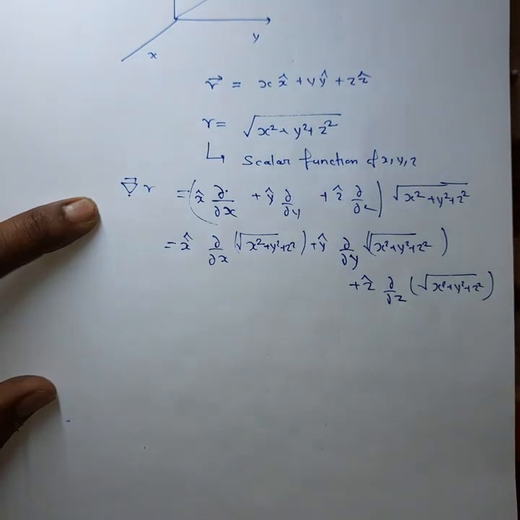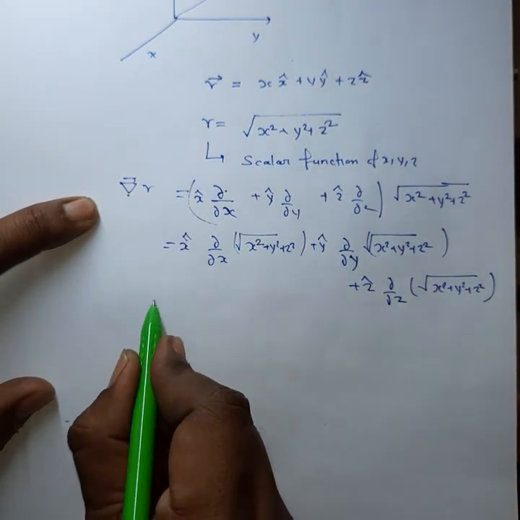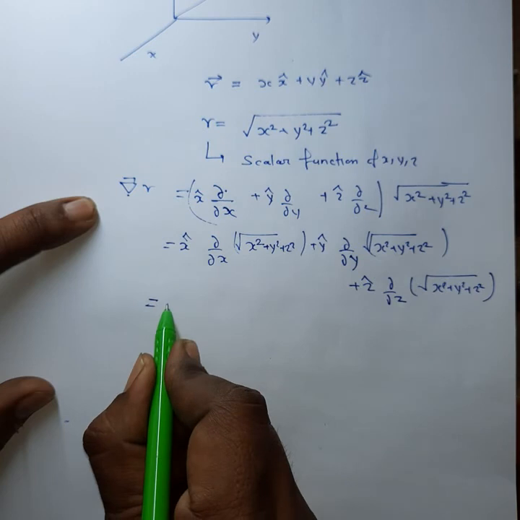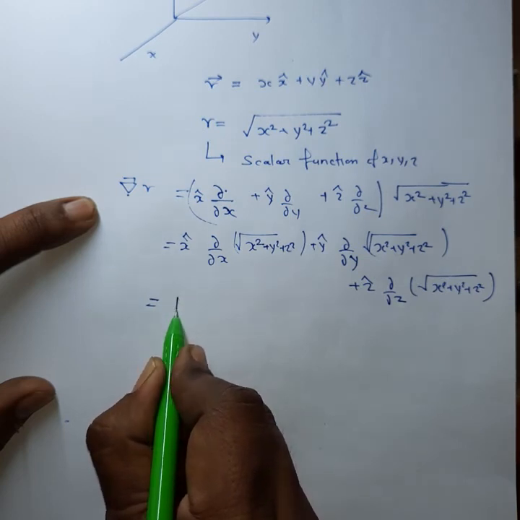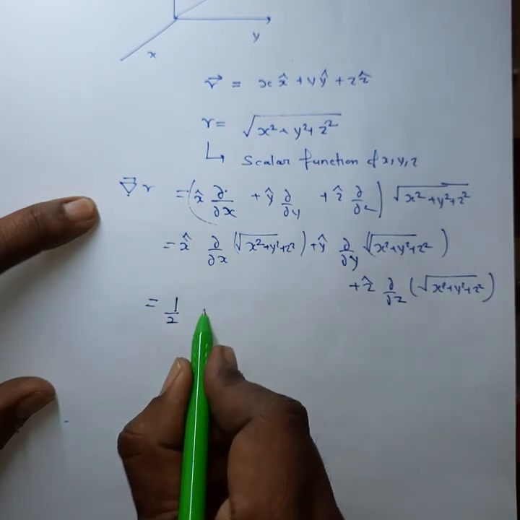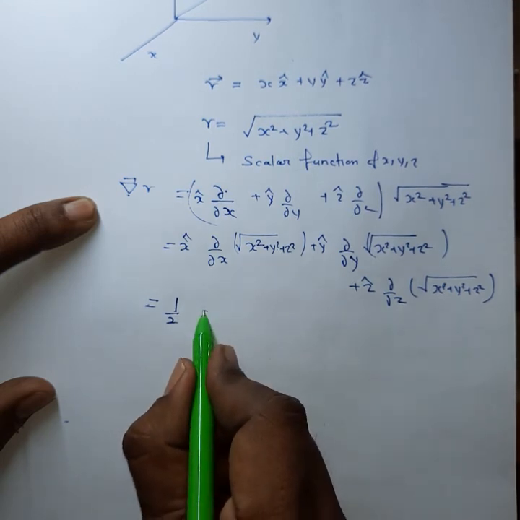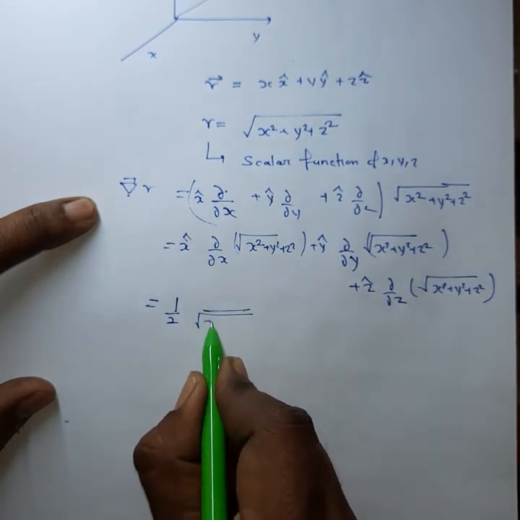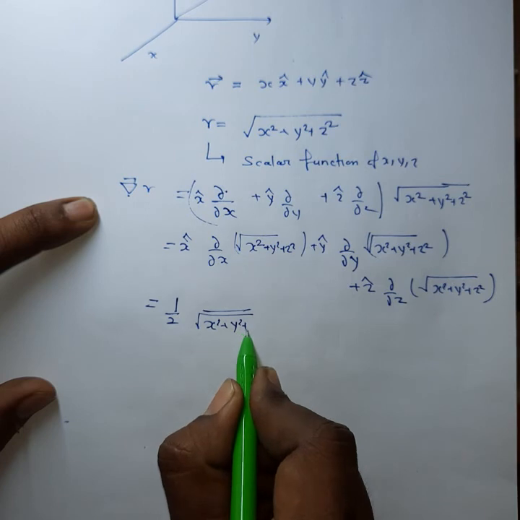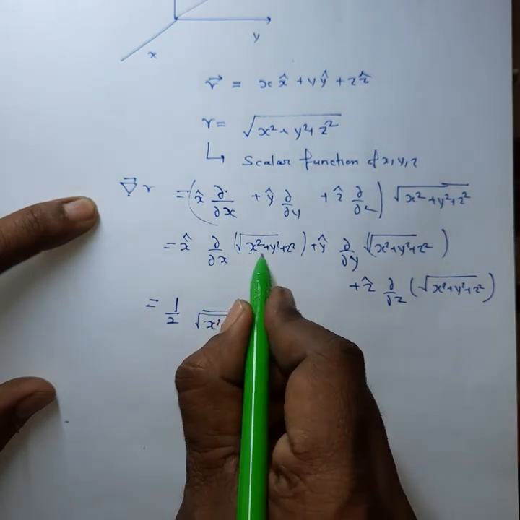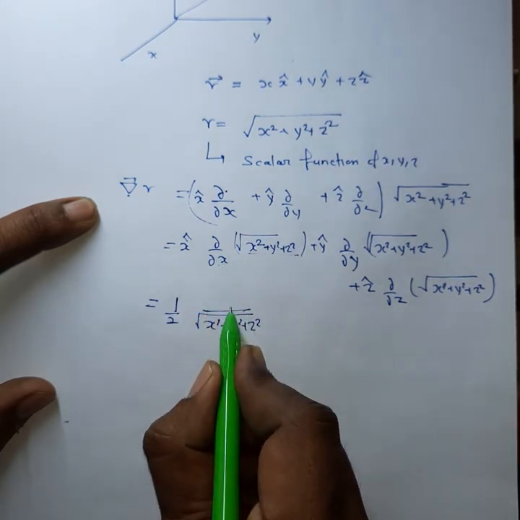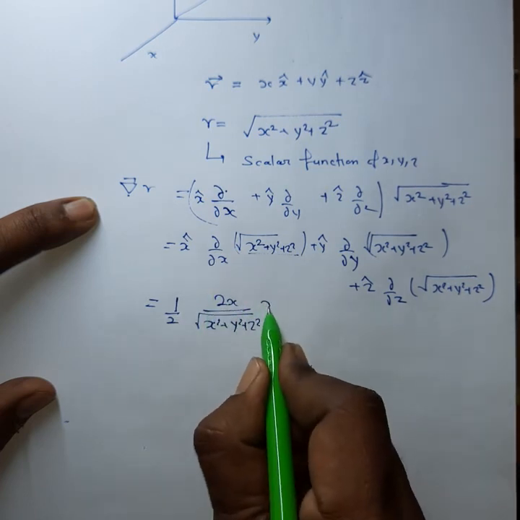Now let's differentiate it. You will get 1 by 2 times the square root of x square plus y square plus z square, and when you differentiate with respect to x, you get 2x, and this is along x cap.